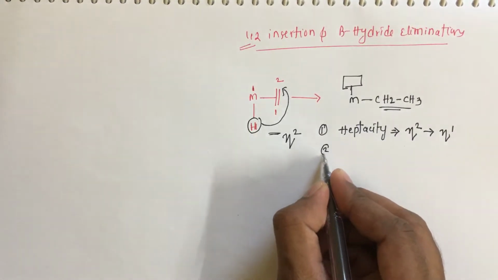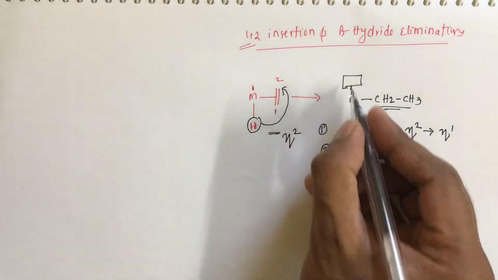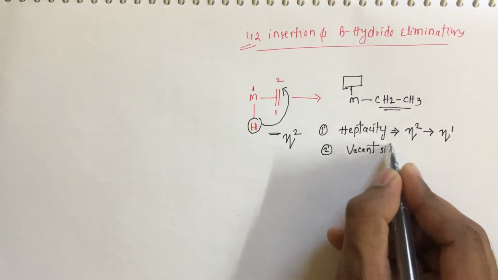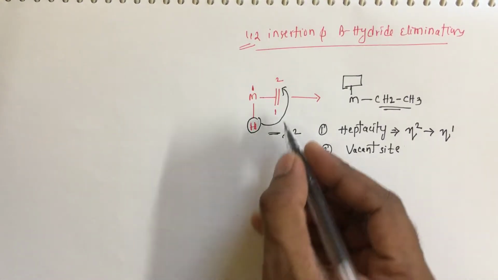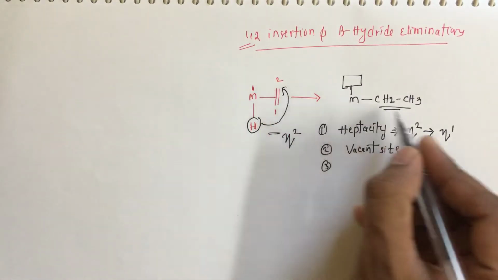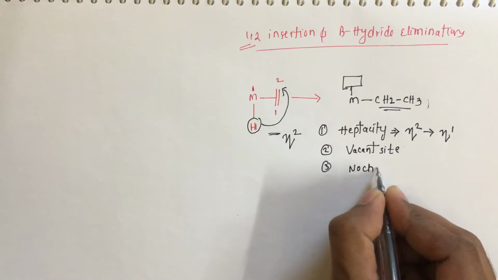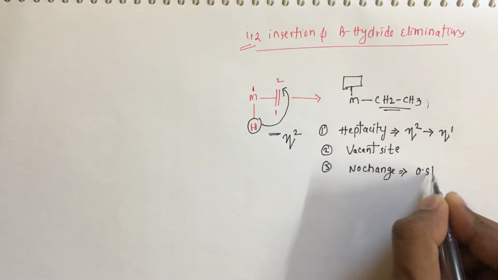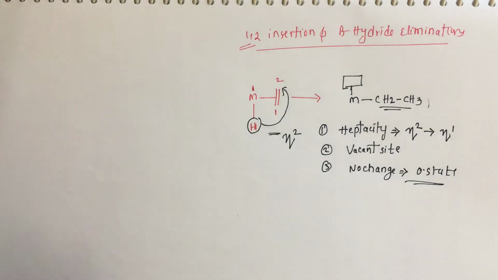The second: here there is no vacant site, but here there is a vacant site on the metal. Third is the oxidation number. This is a neutral ligand and this is also neutral, so there is no change in the oxidation state. These are the three important properties we have to remember.